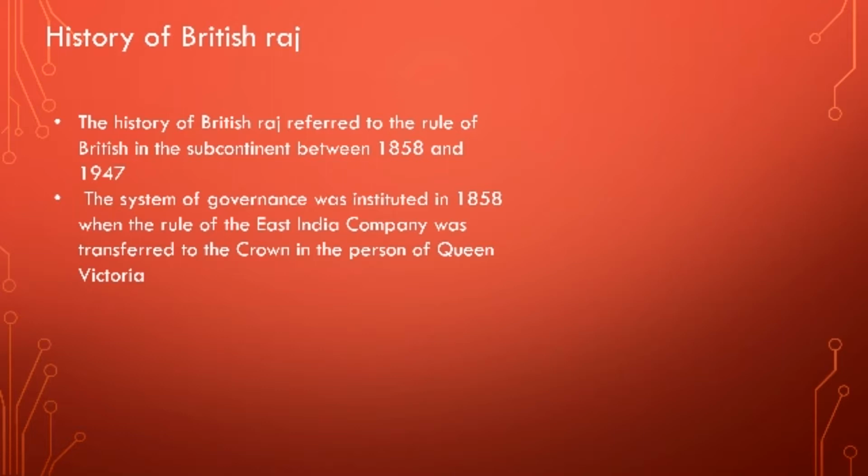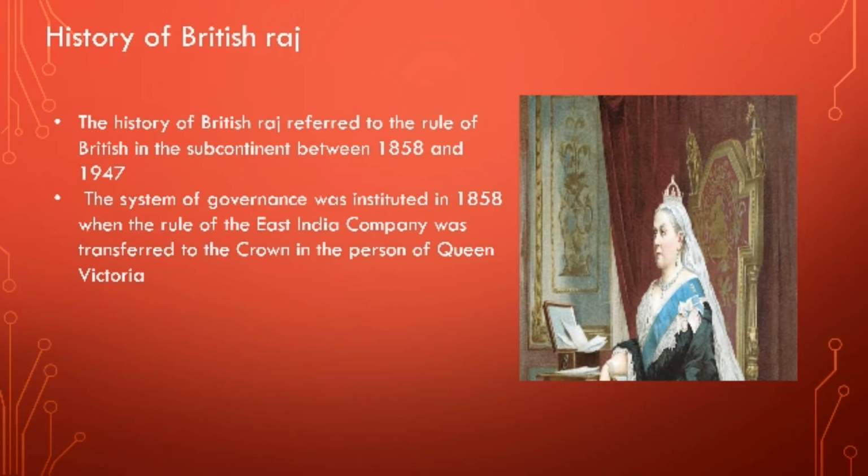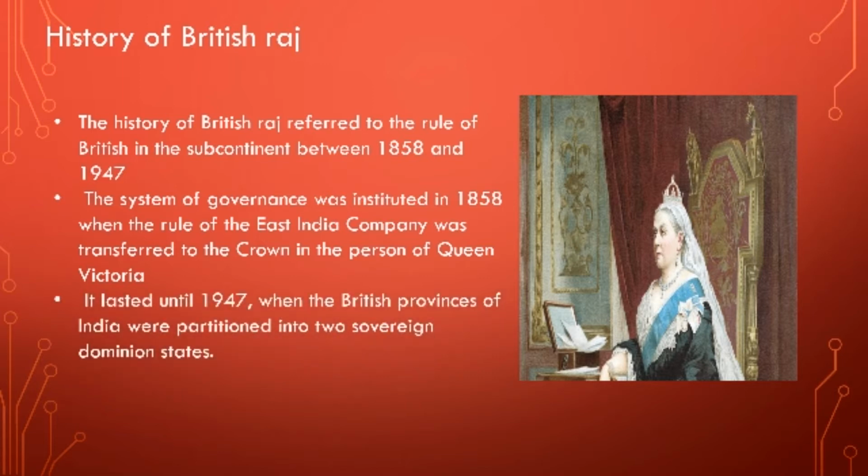Because after the war of 1857, the British realized that they could not rule the subcontinent through the Company, so they decided to demolish the East India Company and brought viceroys to India like Lord Canning, Lord Dufferin, Lord Curzon, Lord Mayo. It lasted until 1947 when the British provinces of India were partitioned into two sovereign dominion states: Pakistan and India.